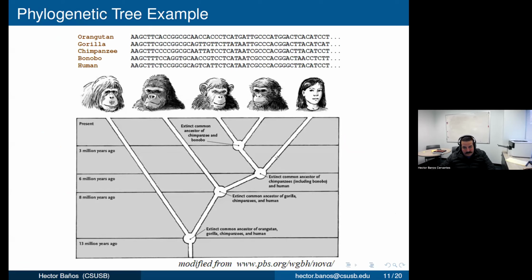Then the next most closely related is human, then gorilla, and then orangutan. In these processes, there's a lot of mathematics, computer science, statistics, and of course a lot of biology, because we want to develop models that describe these processes as accurately as possible, but that are manageable.